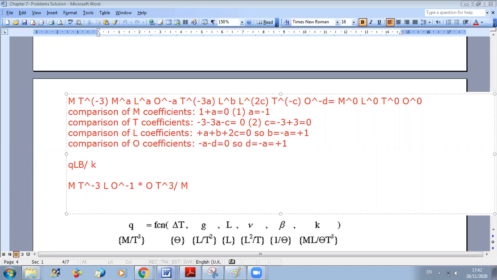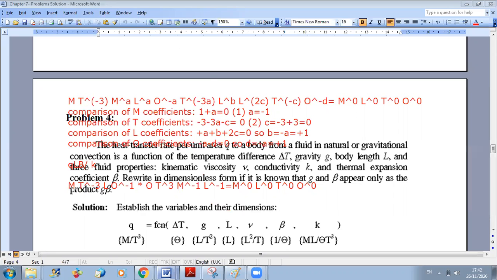You can check that the dimension is equal to M0 L0 T0 theta 0, because all will simplify. M and M minus 1 will cancel out. T cube and T minus 3 will cancel out. L and L minus 1, and theta minus 1 and theta. So our group is fine.